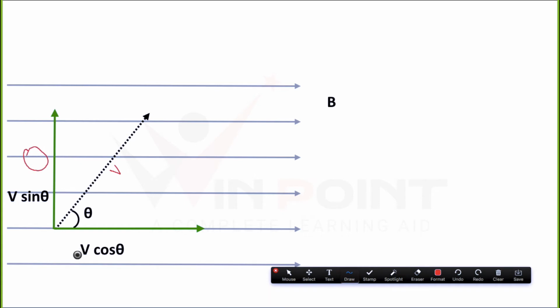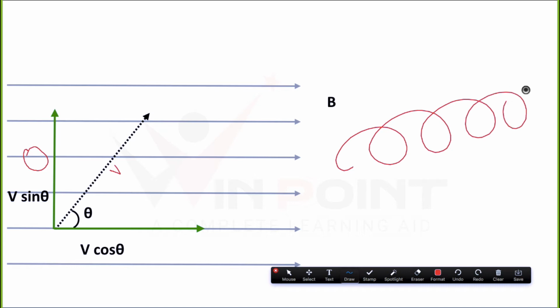At the same time, we cannot avoid the effect of v cos theta. For this v cos theta, the angle is 0 degree here. But there is a velocity v cos theta. So this v cos theta will produce a linear movement for this charge, and the v sin theta will be producing a circular motion. So the movement will be like this, helical, right?